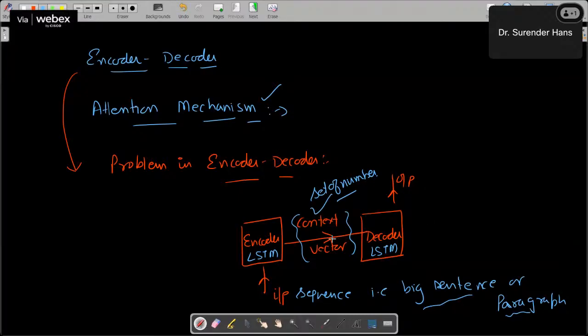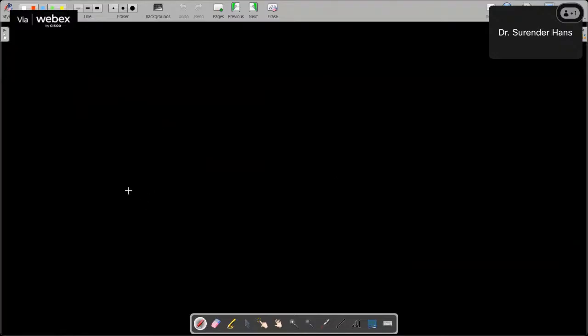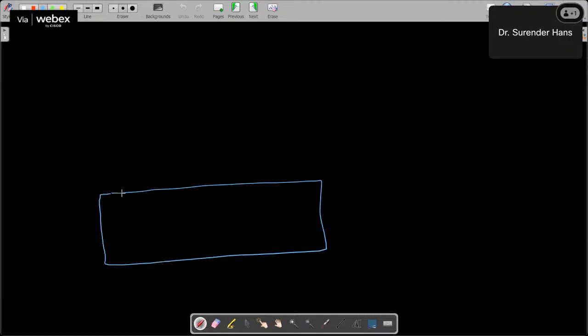Let me draw one architecture of this encoder decoder, and then we will go to the next mechanism, that is the attention mechanism. Now you see here, this you can call the encoder.